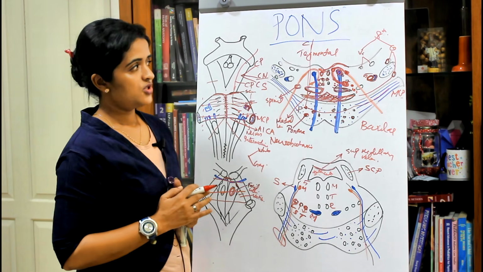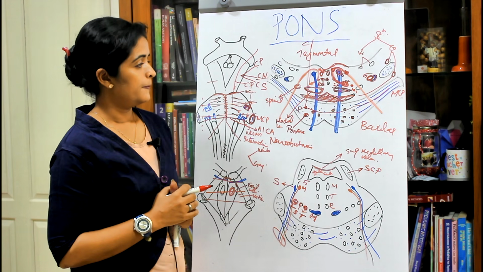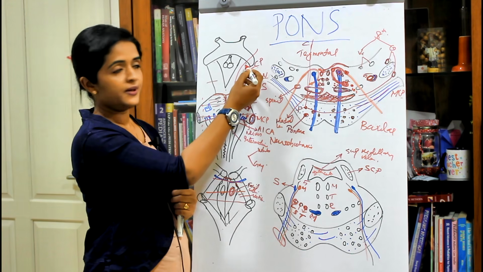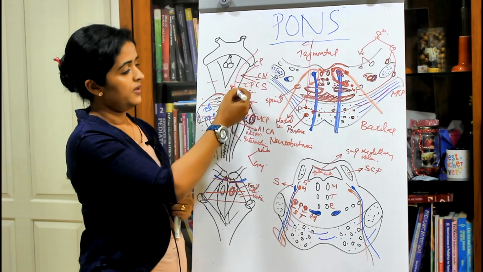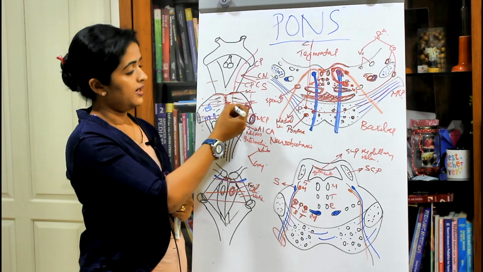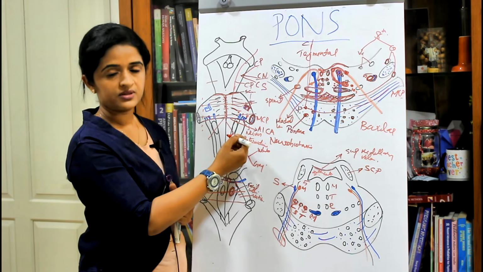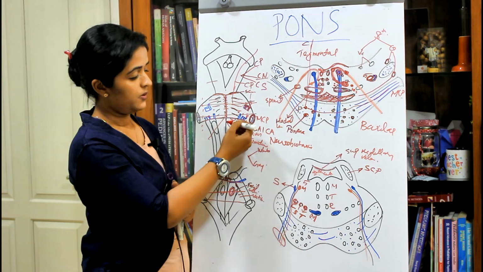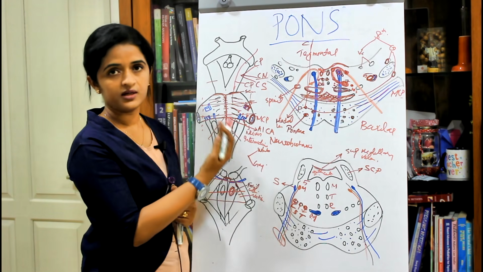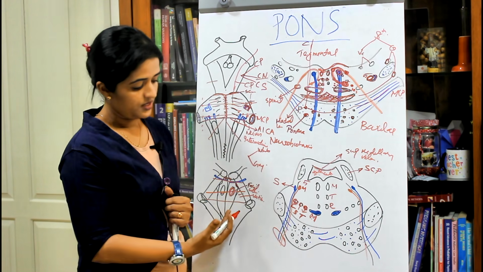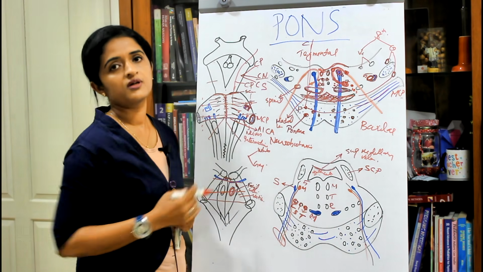So these are the features which you will be getting when you take a section of pons, and we can see that the cerebral peduncle, which is actually coming from the cortex, will be entering into the pons, and some of the fibers will be going to the cerebellum, and the remaining fibers, that is the corticospinal fibers, will be running through the medulla as the pyramids, and the dorsal portion of medulla is actually ascending up along the dorsal portion of pons.